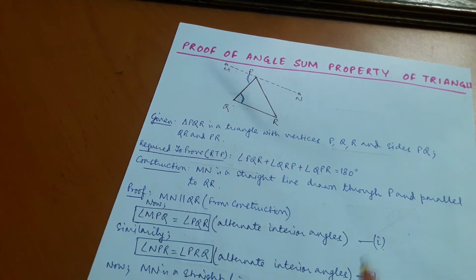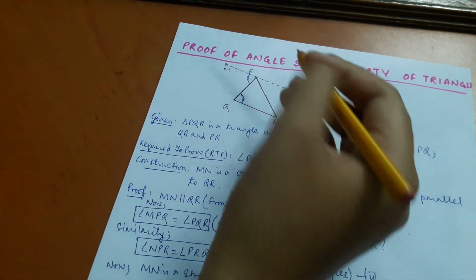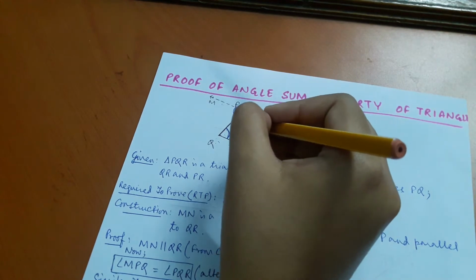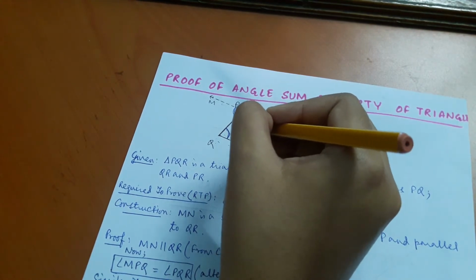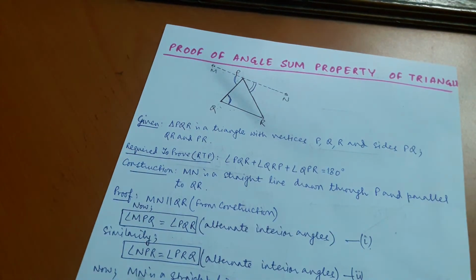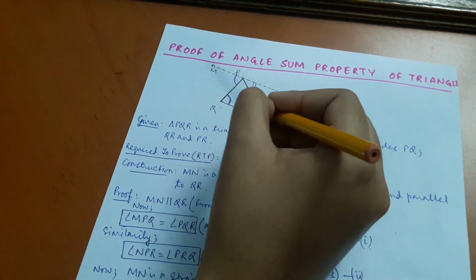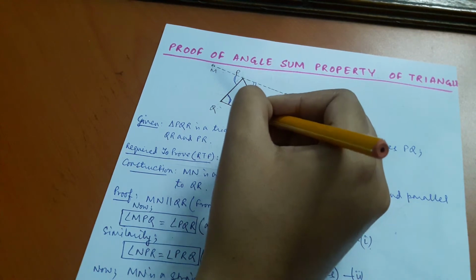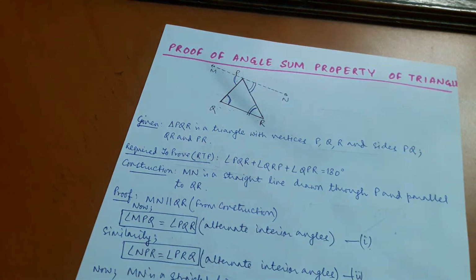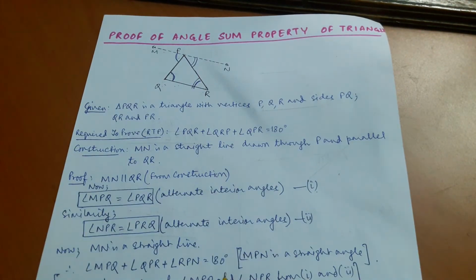Similarly, in the same manner, angle NPR, this angle, is equal to angle PRQ, this angle. These two are again equal to each other. Why? Same property, alternate interior angles.